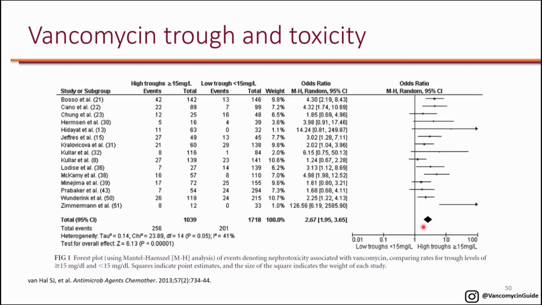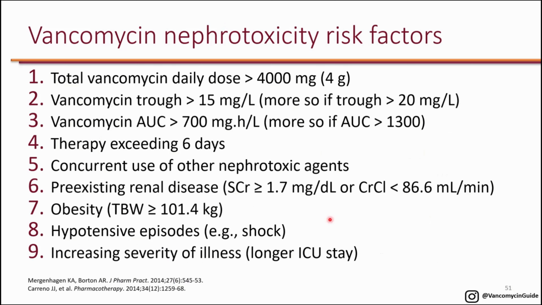The sum of all of these studies shows that there is a significant increase in odds of nephrotoxicity with a trough of greater than or equal to 15 compared to a trough of less than 15. So, more and more evidence suggests that a trough of 15 or higher is actually nephrotoxic.